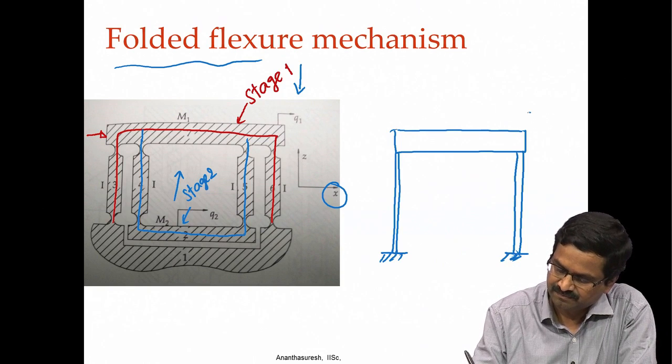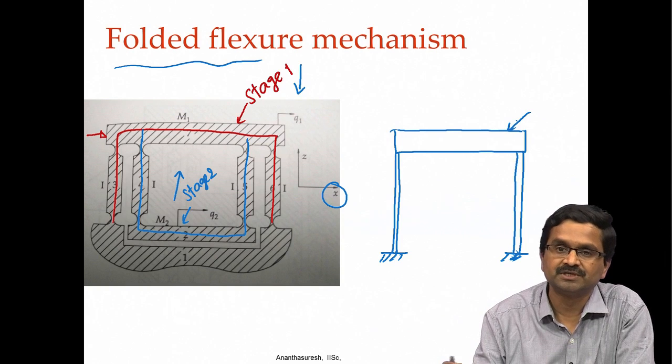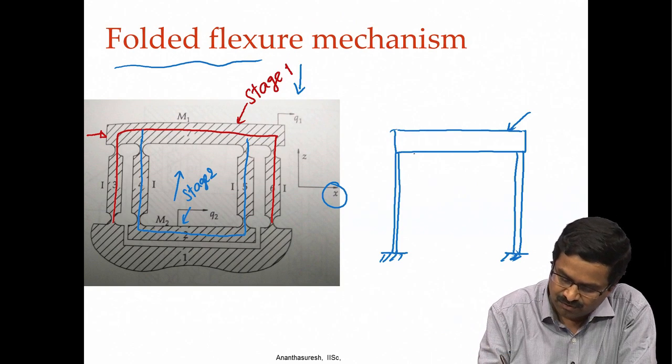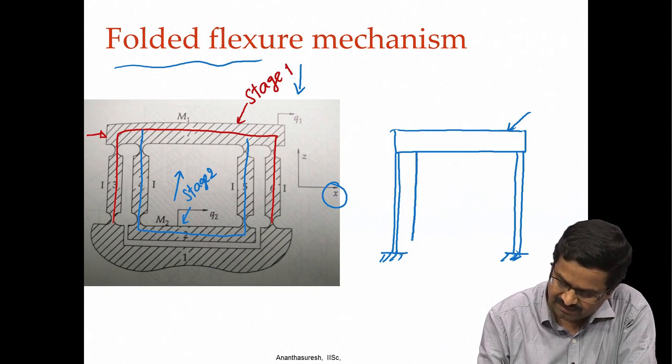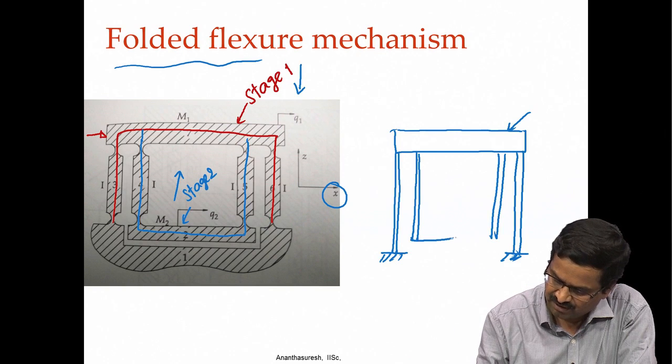Now, this stage, which we can call stage 1, is going to translate in both x and y directions. So, we add another set of beams, a pair of beams. Now, attach the block.